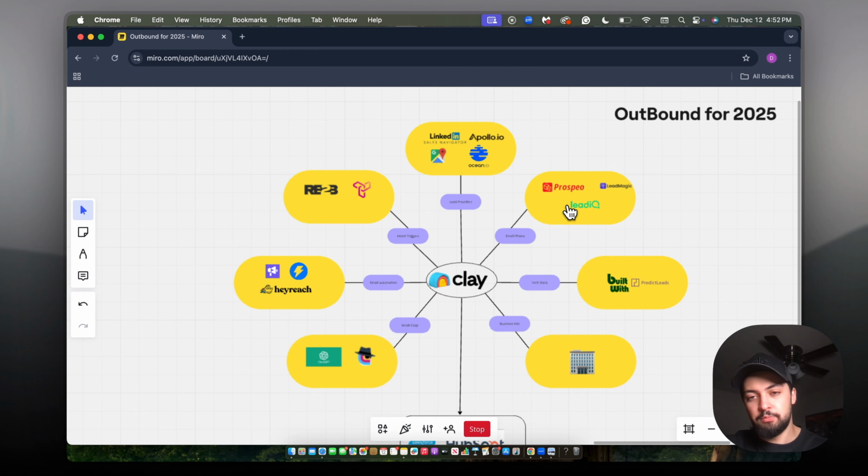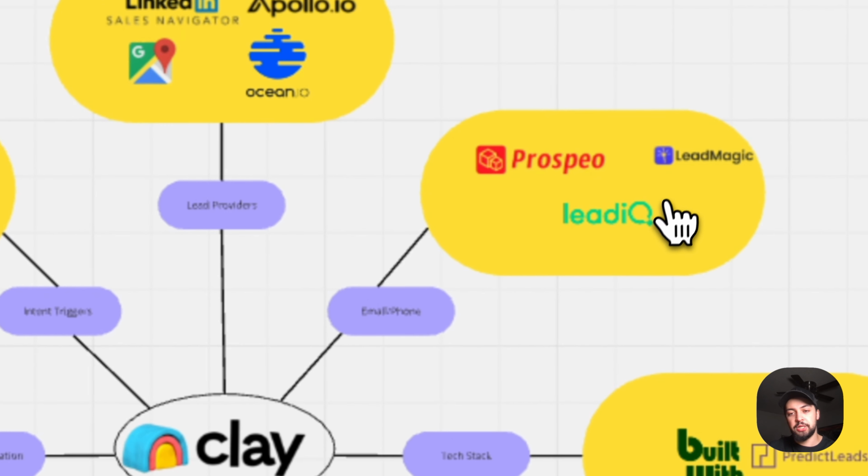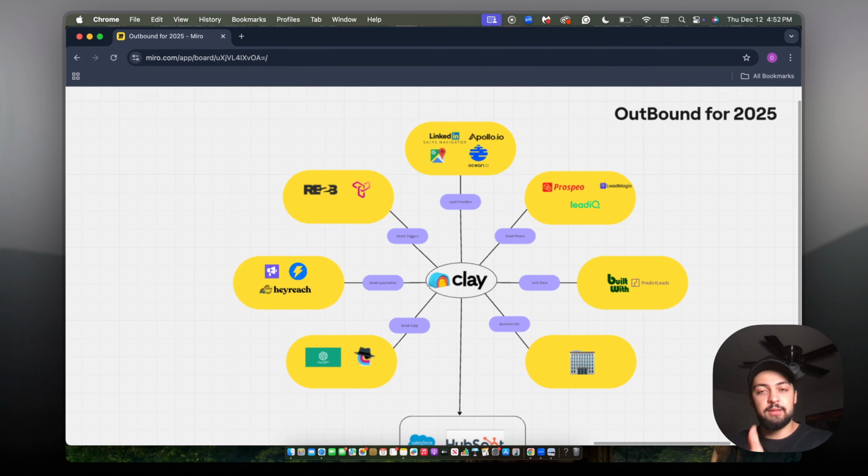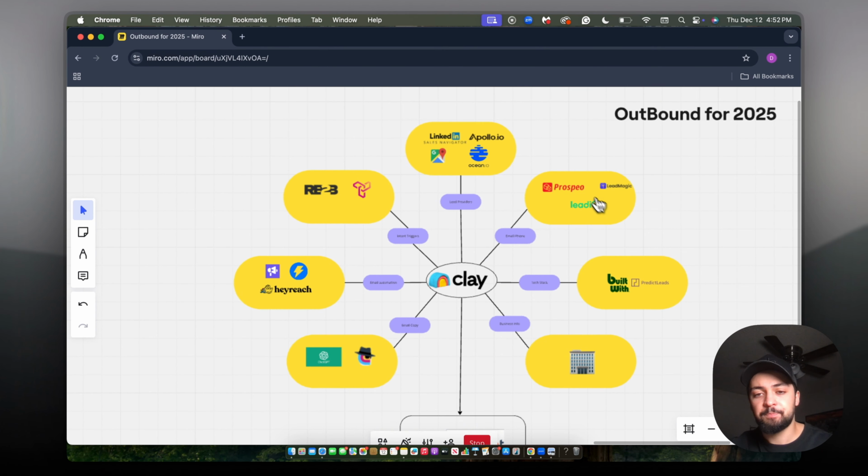One of the best ones is like Prospeo or Lead Magic. Again, LeadIQ is a good one too. So you can verify that and actually see if that email will bounce, because it'll verify the email as well. Not only will it give the actual email, but it'll verify it. So it's doing the waterfall enrichment, and then from there, you can actually do another waterfall enrichment, for example, to find tech stack, right?